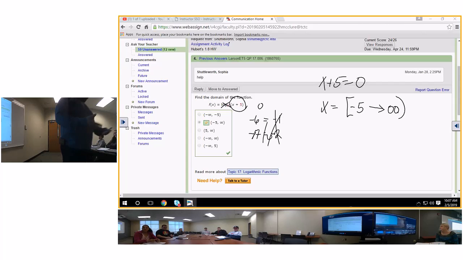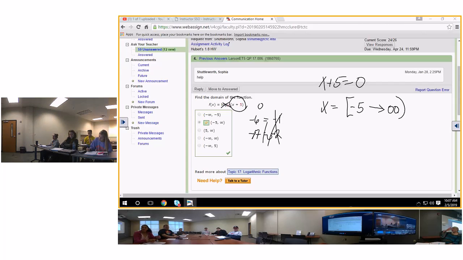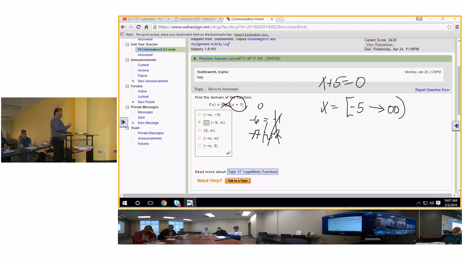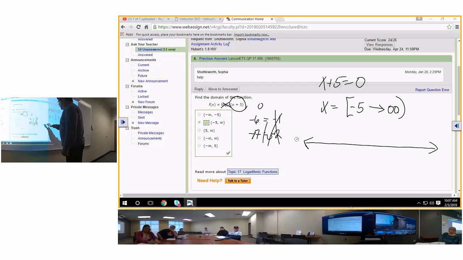Remember, when you want to find domain, usually with a radical or a log or a rational, you set the radicand or the denominator or whatever you're taking the log of equal to 0. And if you don't have a clue, you use a number line. You say 0, negative 5, and positive 5.